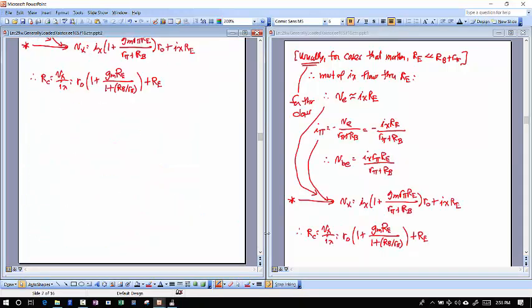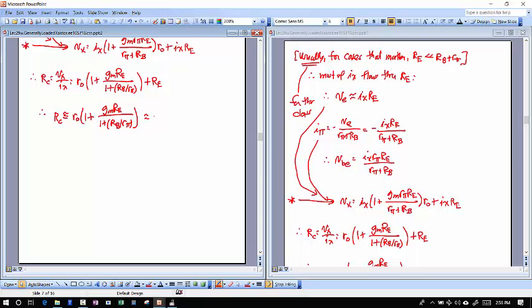So in the end, I can write that RC is about equal to R naught times 1 plus this GMRE over 1 plus this RB over R pi quantity, close.